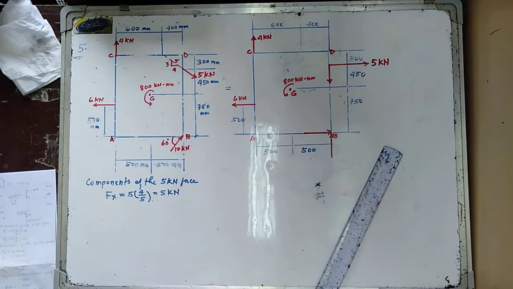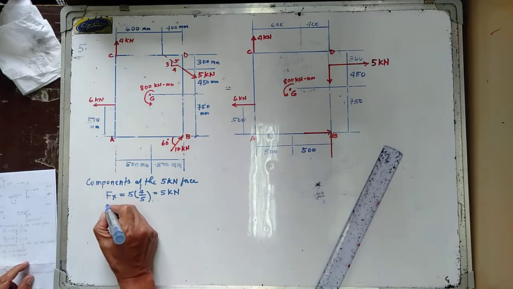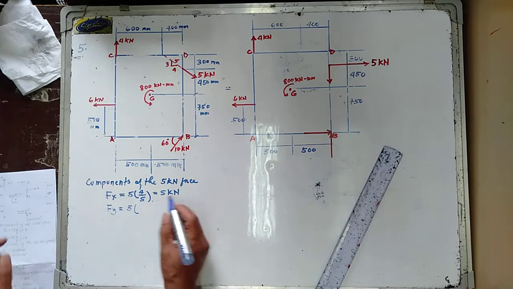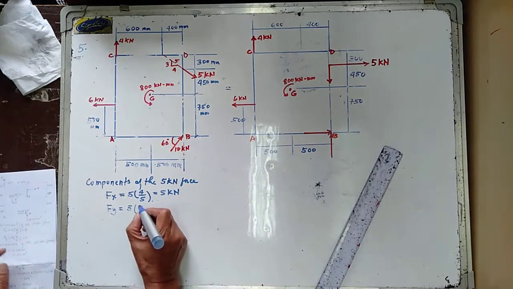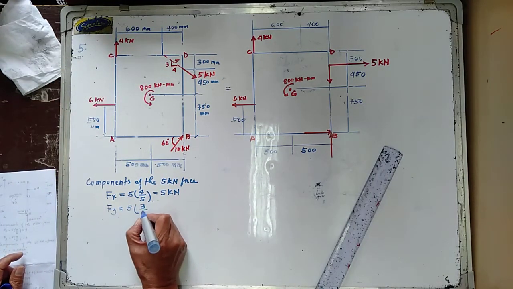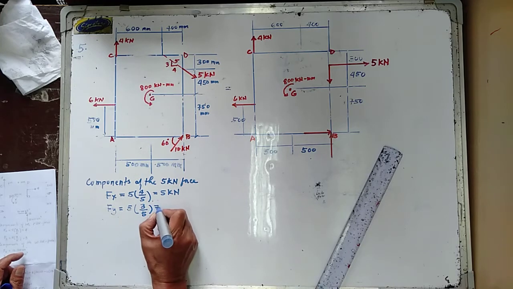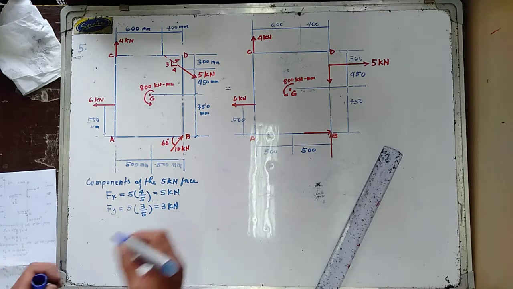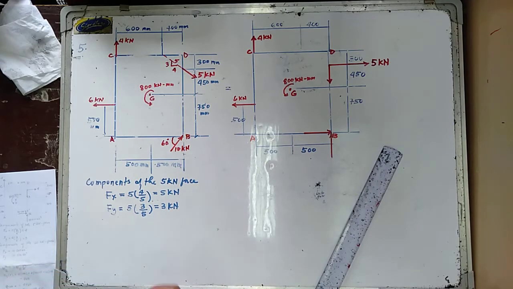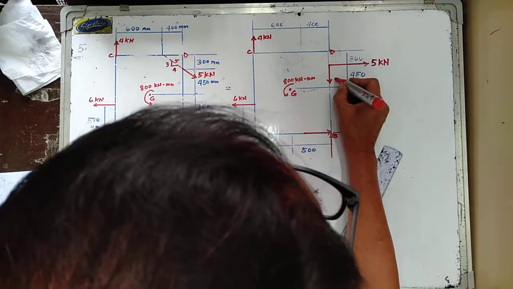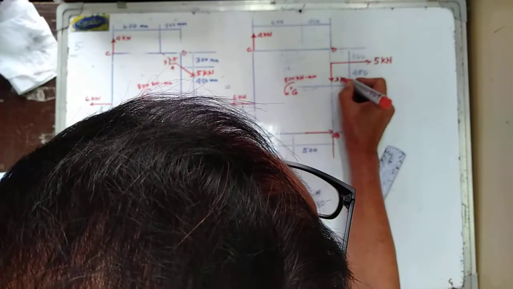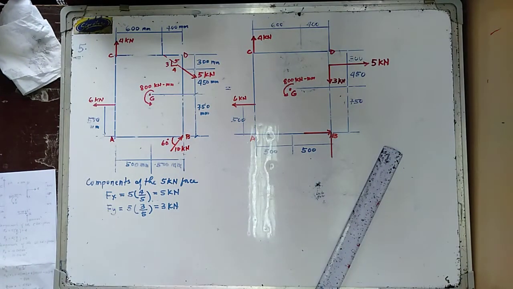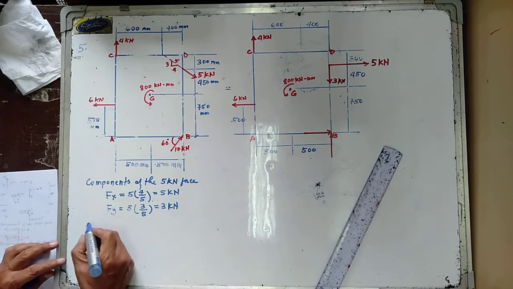And the y component is equal to 5 multiplied by 3 over 5, which is equal to 3 kilonewtons.